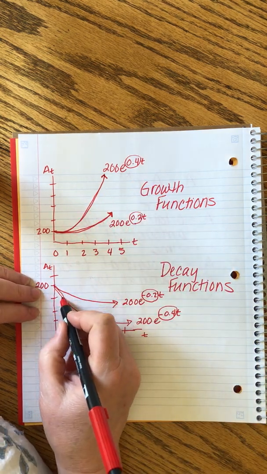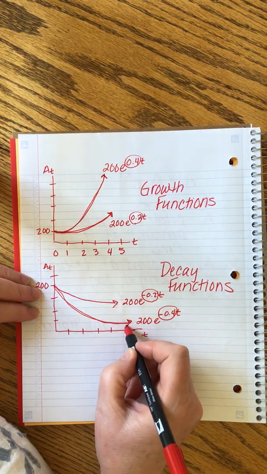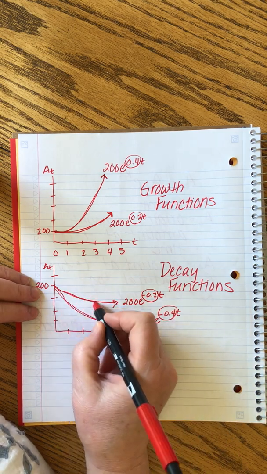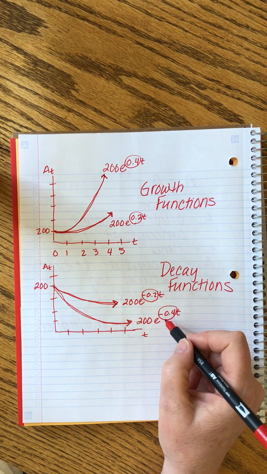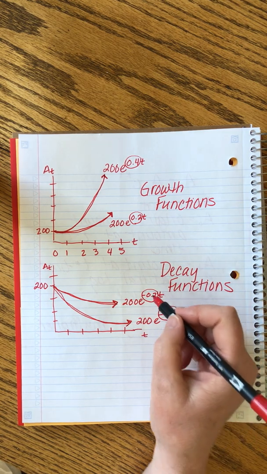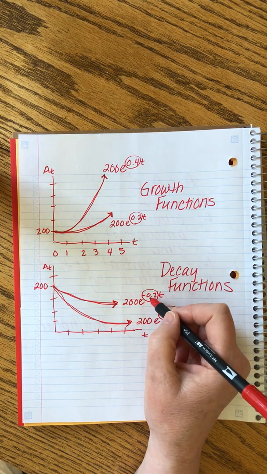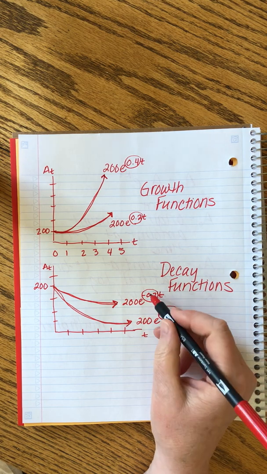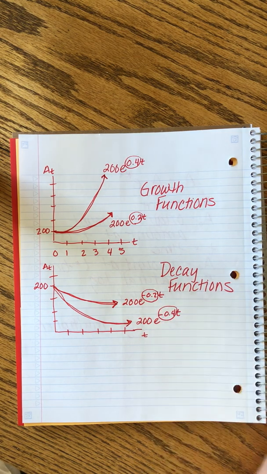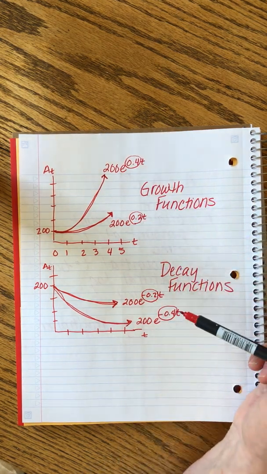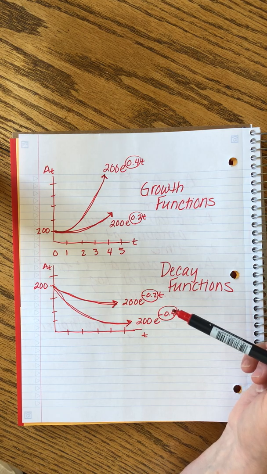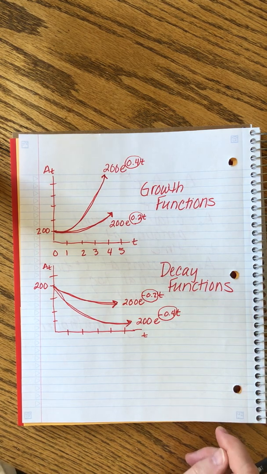Here we have negative numbers, but the negative 0.4 goes down faster than the negative 0.2 because of the absolute value of those numbers. So what I want you to see is that it's the constant in the exponent that drives the shape of the curve.